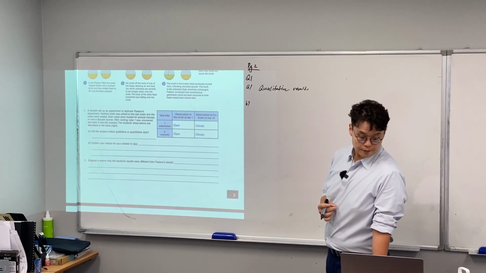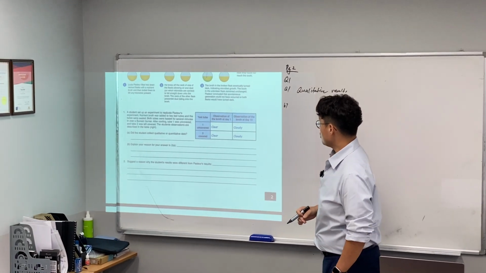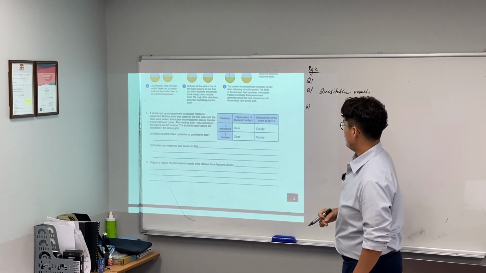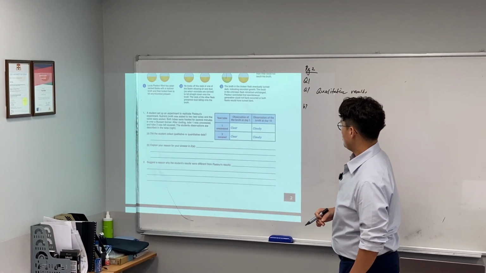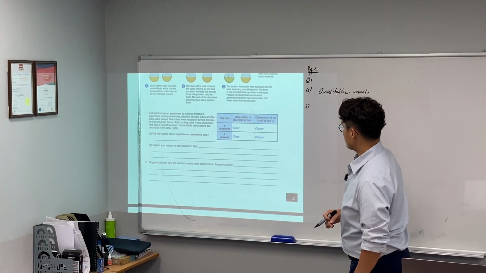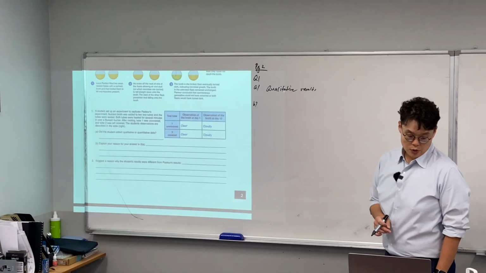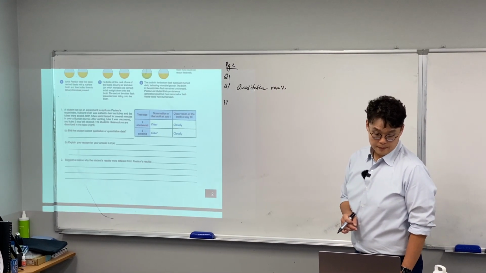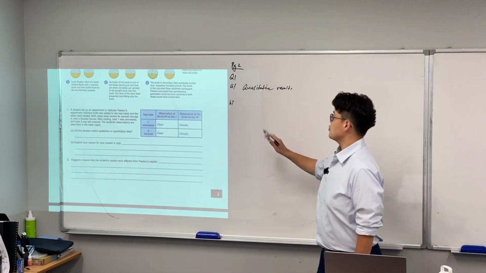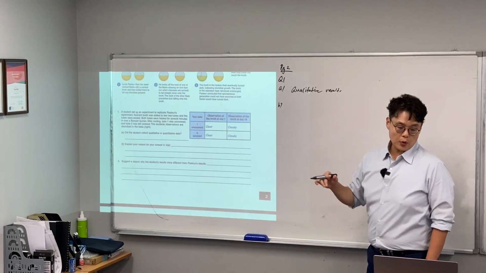Oh, so we have to start from 1A, that's a typo. Why must this be qualitative?